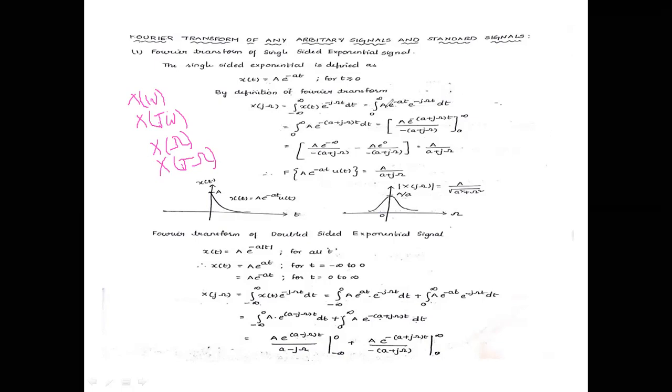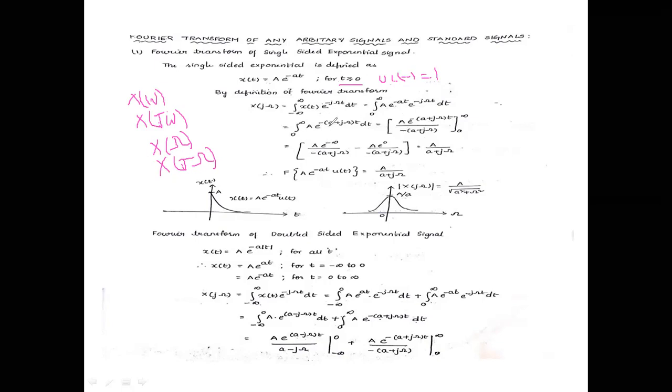So a is a constant, and when I keep that mu of t, it is for t greater than or equal to 0, where mu of t is equal to 1. From 0 to infinity only, since it is given that t is greater than or equal to 0. 0 to infinity, a into e power minus of a plus j omega into t dt.